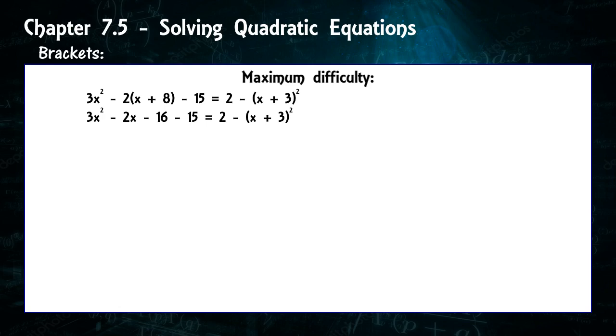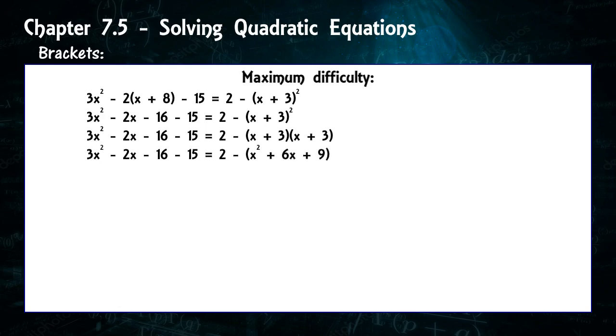So I will first write it down like this. Then (x + 3)^2 will turn into x^2 + 6x + 9. Multiplying everything with -1 will turn the right hand side into 2 - x^2 - 6x - 9.